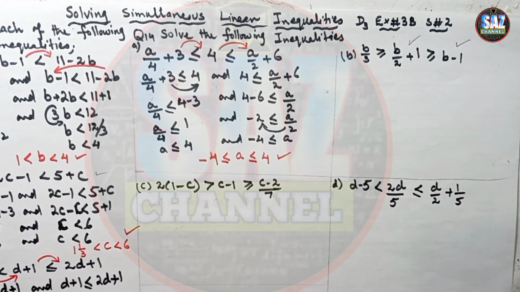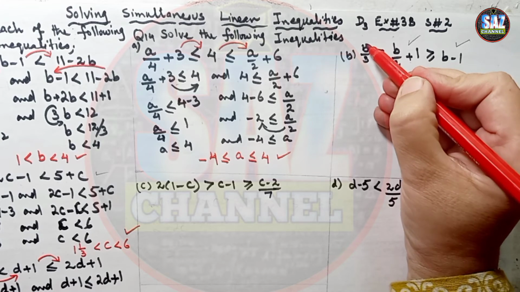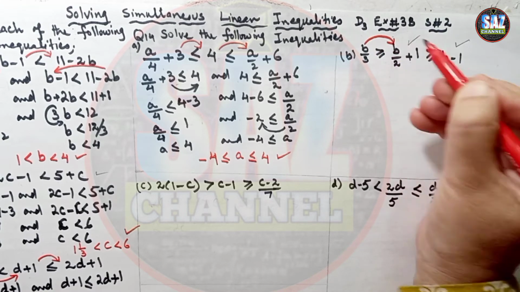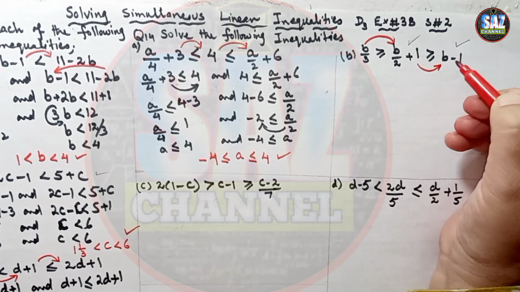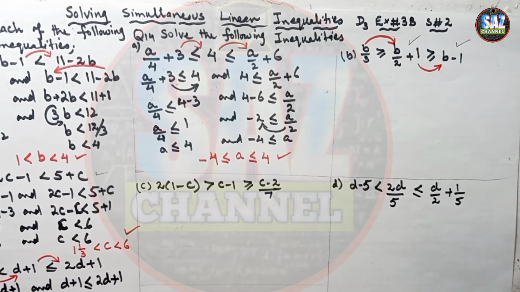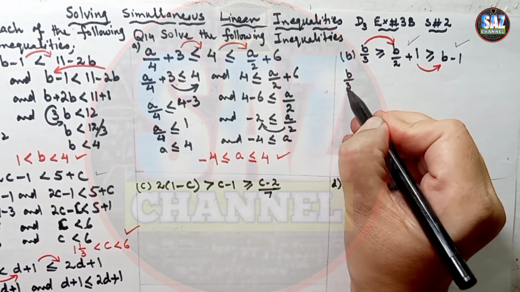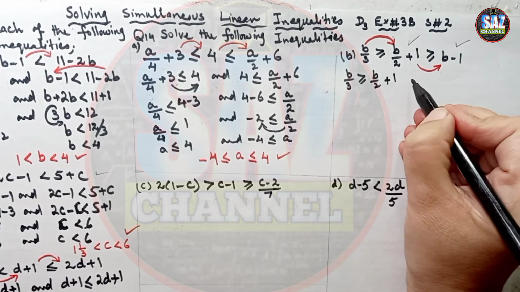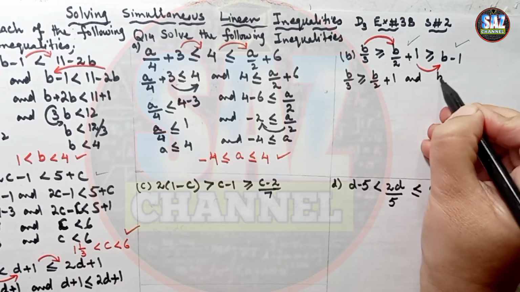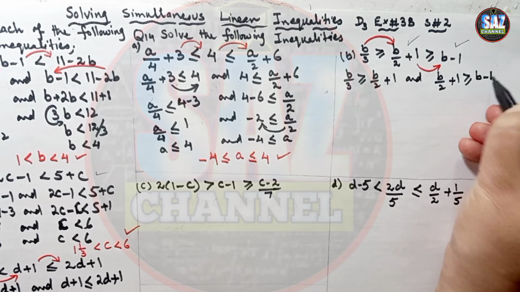Again, first of all, we have to divide the given inequality into two parts: b by 3 is greater than or equal to b by 2 plus 1, and b by 2 plus 1 is greater than or equal to b minus 1.